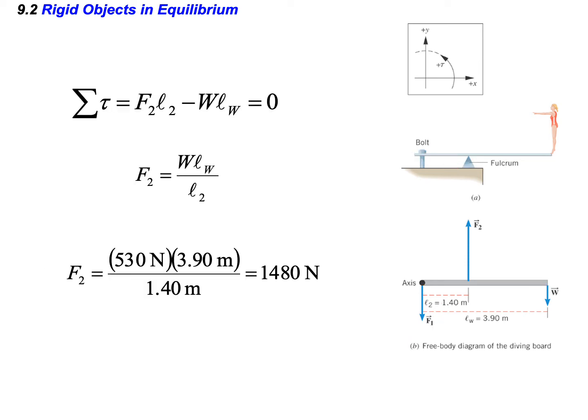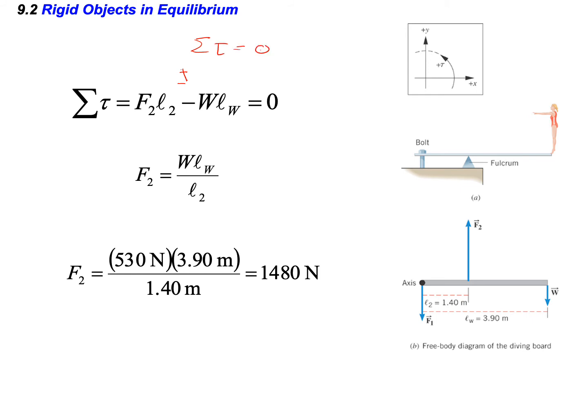Okay, so in the previous example I put plus or minus here. So which sign are you going to use? So let's consider net torque is 0. That's the equation we learned. If an object is at equilibrium, net torque is 0.